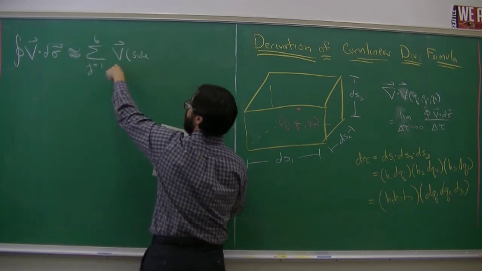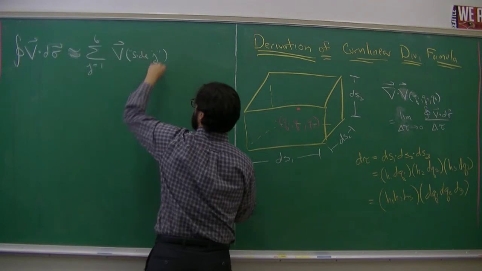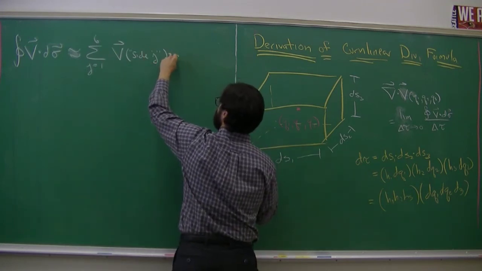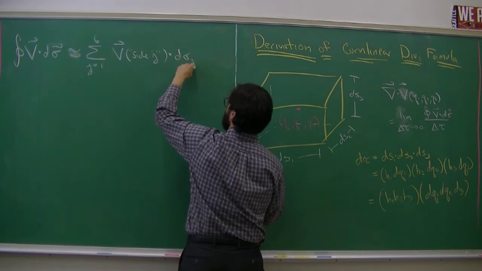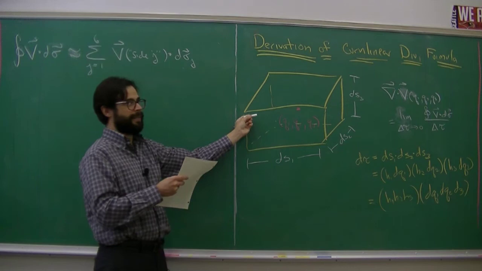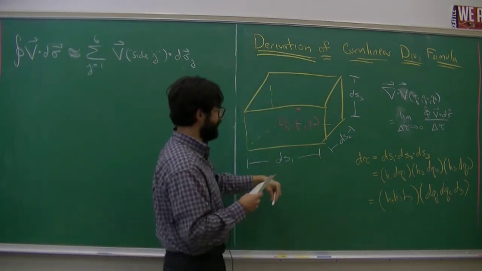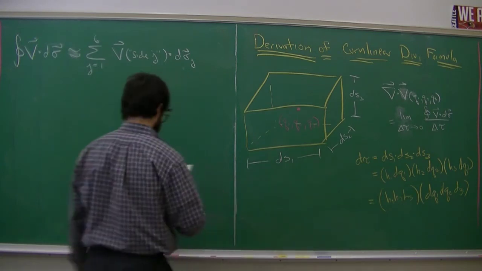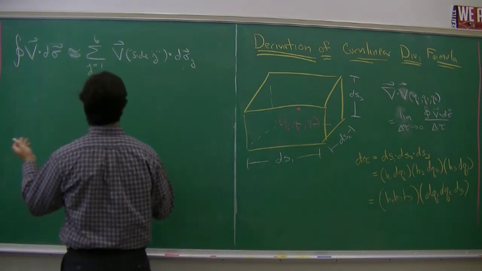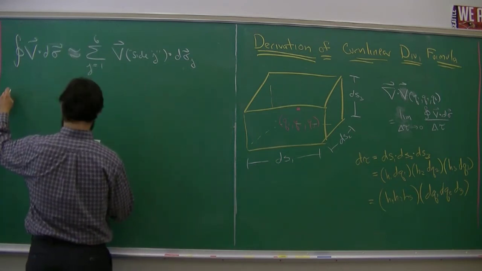So I'm just going to say I'm evaluating V at side j. And then we'll write out, at least for one or two terms, the coordinates. And then d sigma j. So this is going to change. This is going to be pointing in the negative q1 direction, positive q3 direction, negative q3 direction, negative q2 direction, and so forth. Okay? So let's just pick one matching pair. Let's call it left and right, because it's probably easier for me to draw.